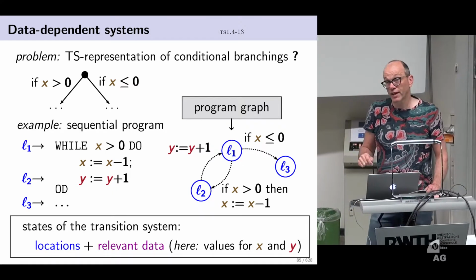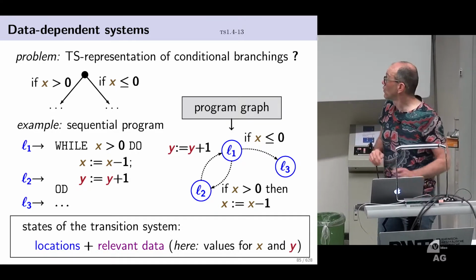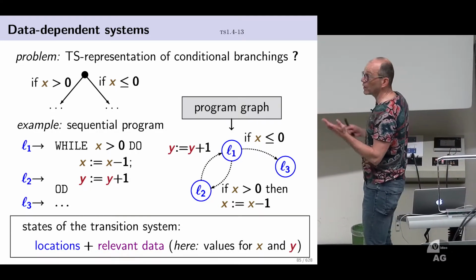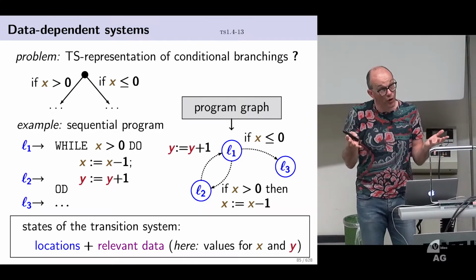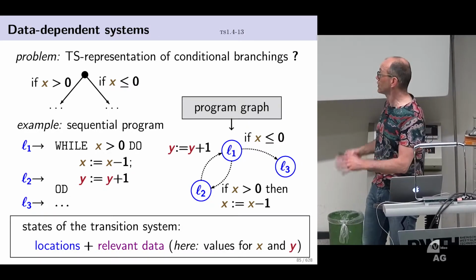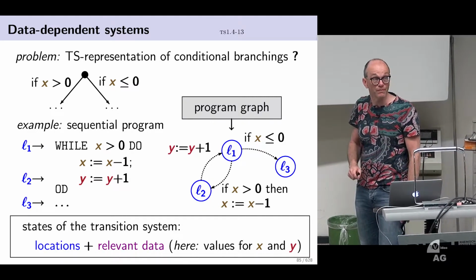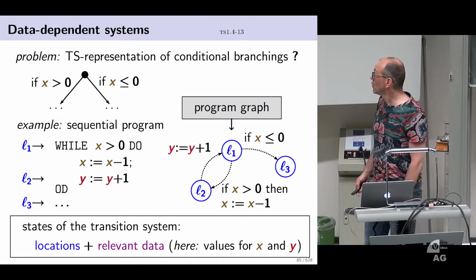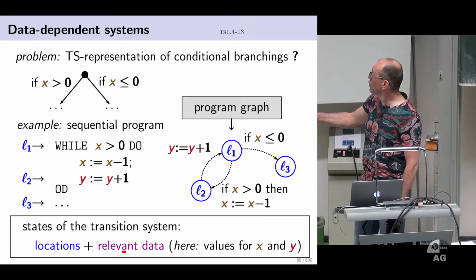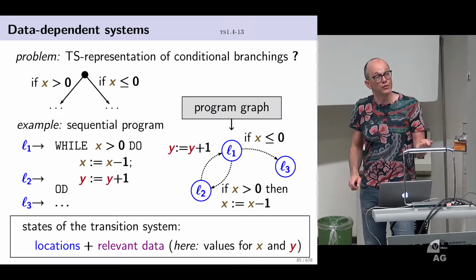Every program graph can be described by, or gives rise to, a transition system. So what's the state of such a transition system? What do we need to know about a program to know what is the current state of a program? Well, first we need to know where the current program counter, the location, is. Secondly, we need to know all the relevant data, which means all the values of all the program variables.